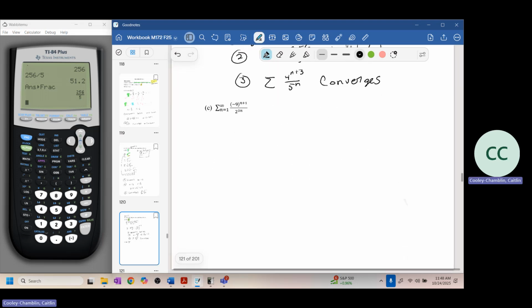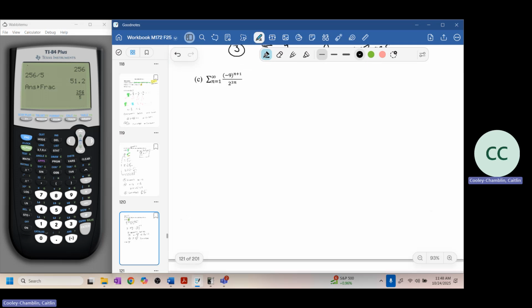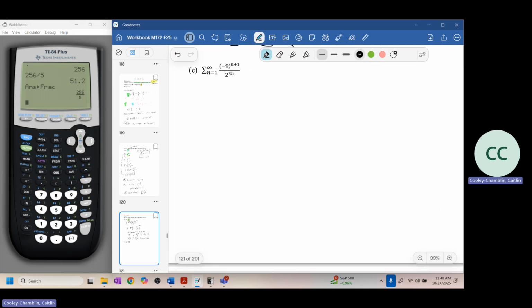All right, so let's look at C. We've got some different kind of algebra going on here. We have the summation of n equals 1 to infinity of -9 to the n plus 1 divided by 2 to the 3n. All right, we've got to do some work here.